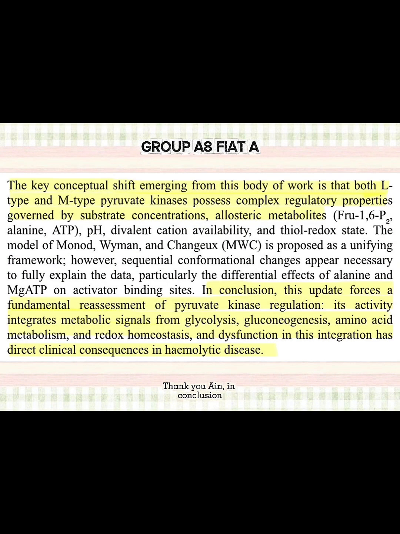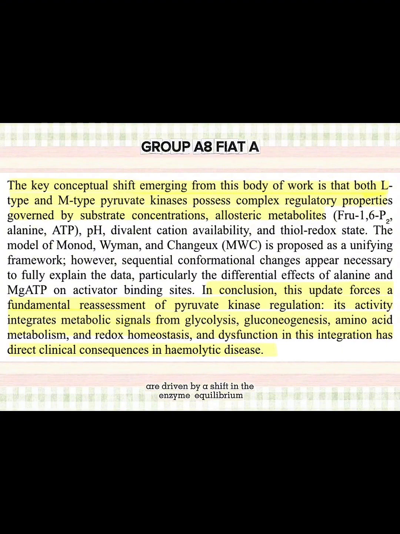Thank you. In conclusion, pyruvate kinase deficiency in red blood cells severely impairs their source of ATP, leading to hemolytic anemia. The observed kinetic abnormalities include reduced PEP affinity and a loss of cooperativity.